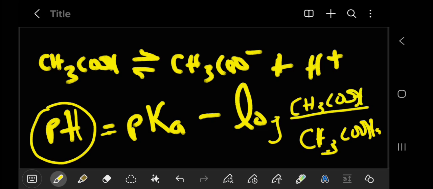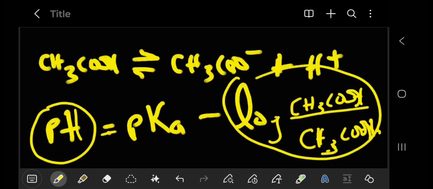After taking the ratio, the volumes from your table, you can see it. After deriving this, you are taking the variables and plotting a graph of pH against log 10 of the base to acid ratio.